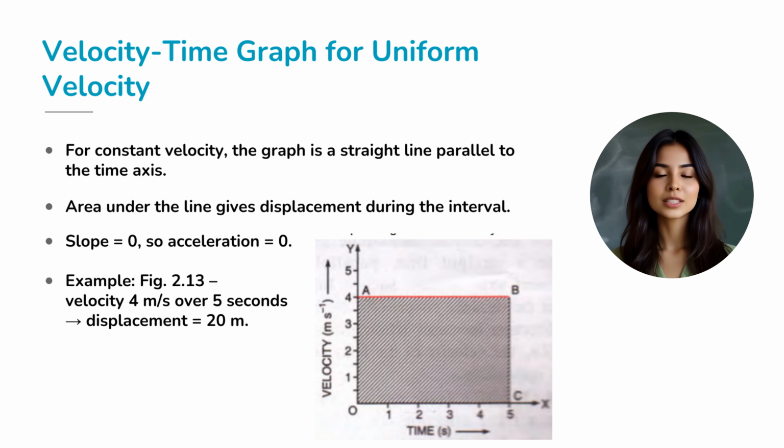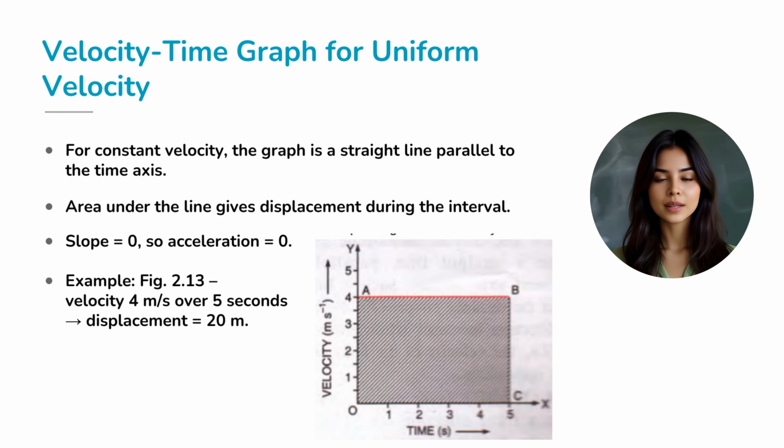Let's take the simplest case first, uniform velocity. If the object is moving with a constant speed in a straight line, the graph will be a flat line parallel to the x-axis. Why? Because the velocity isn't changing over time, so slope is zero, and that means acceleration is also zero.